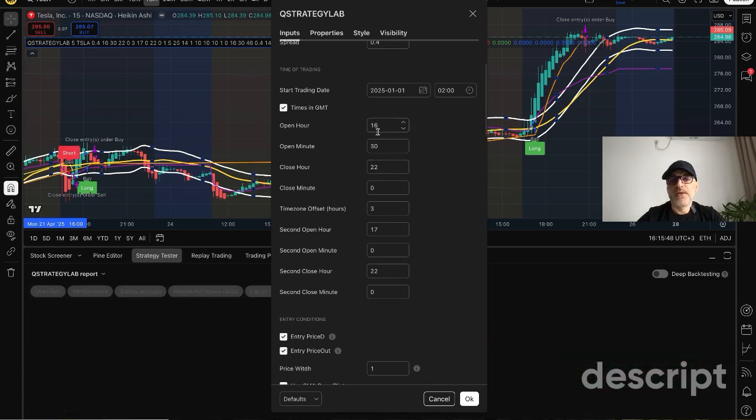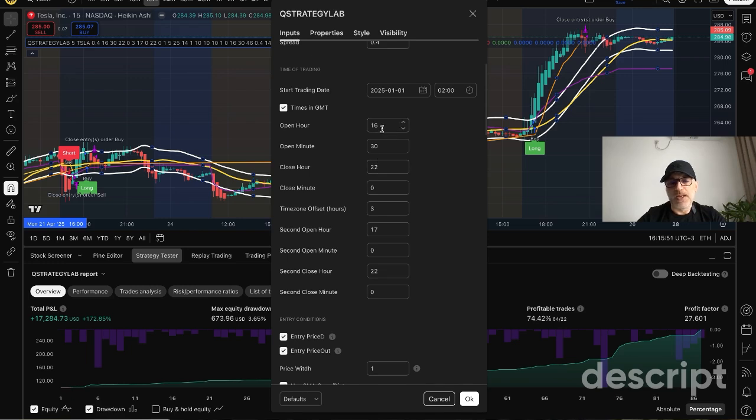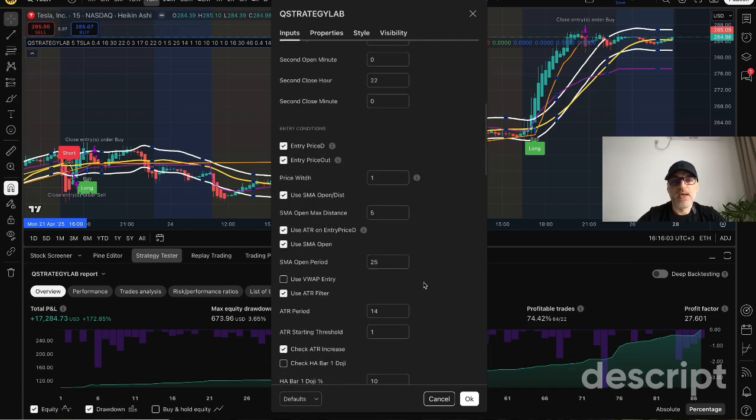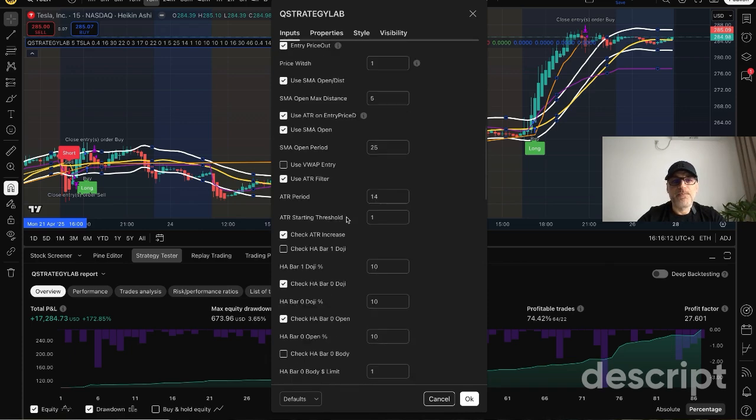This is equivalent to the 9:30 New York starting session. As you can see here, you can select your GMT time zone offset. For me it is 3. Then you will leave entry price, price out, select here price, this is the range 1.